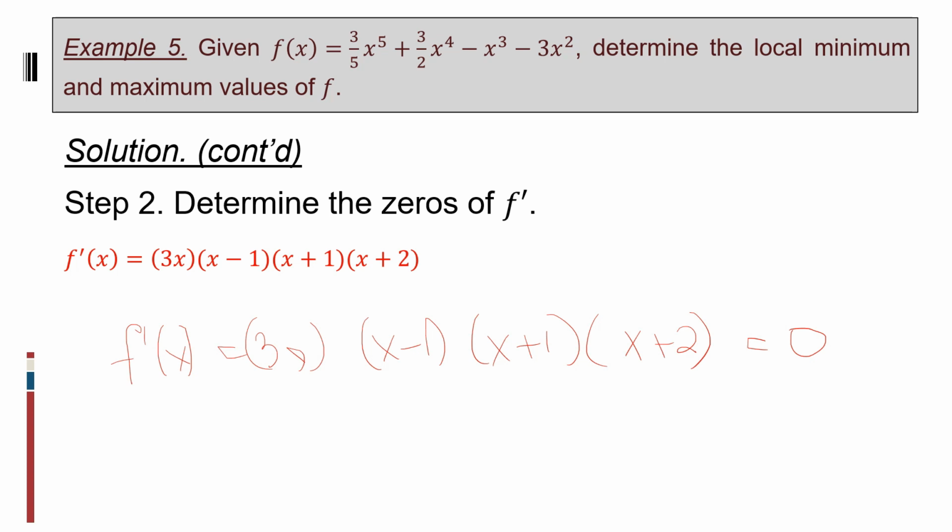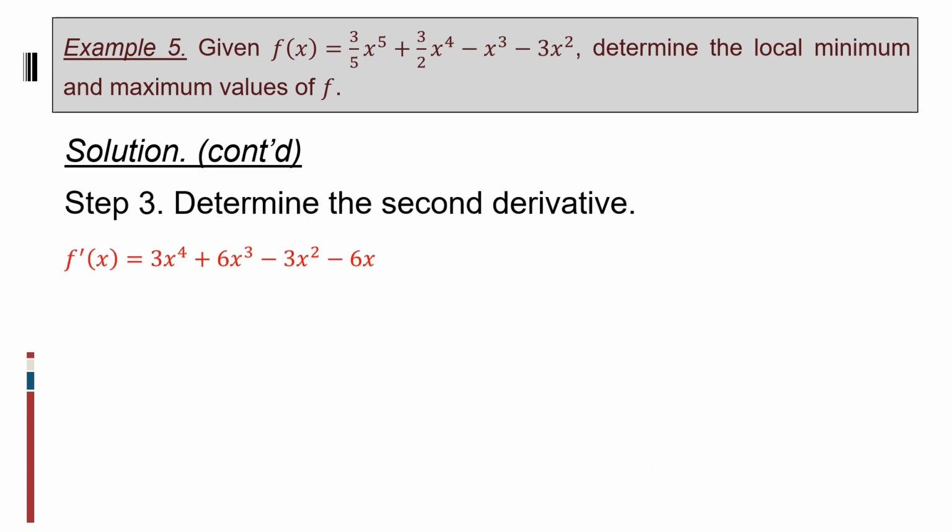So this is at 0. Ito naman is at positive 1. Ito naman is at negative 1. And this one is at negative 2. Therefore, our zeros are 0, 1, negative 1, and negative 2. Next step, we determine the second derivative.